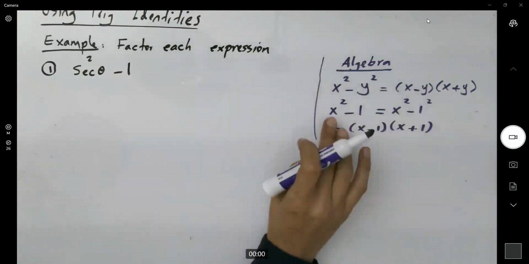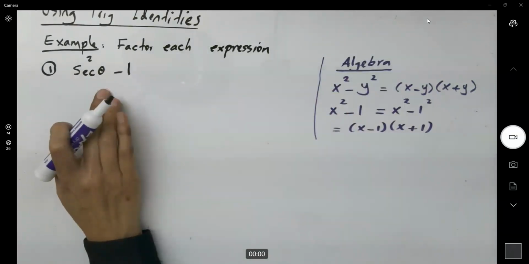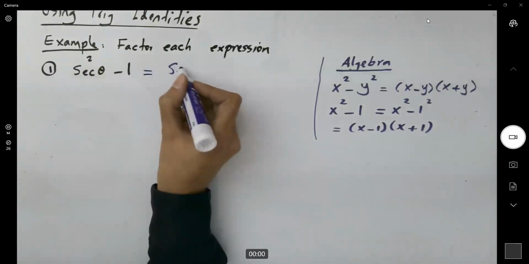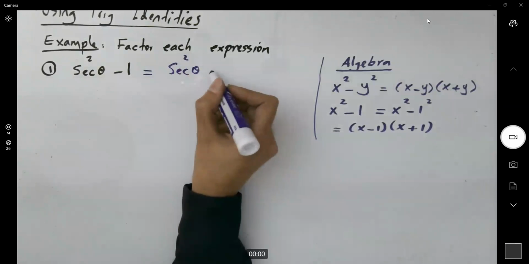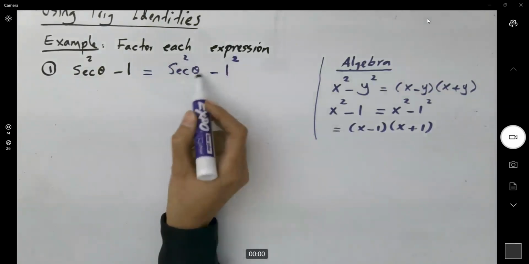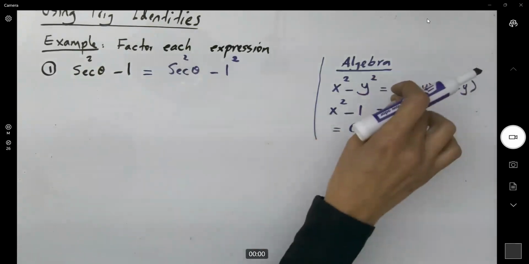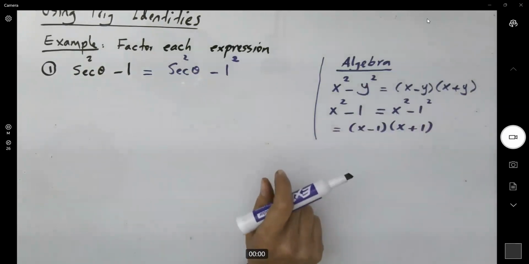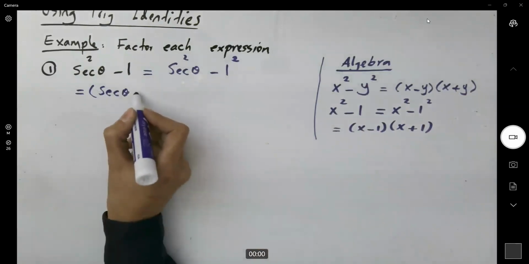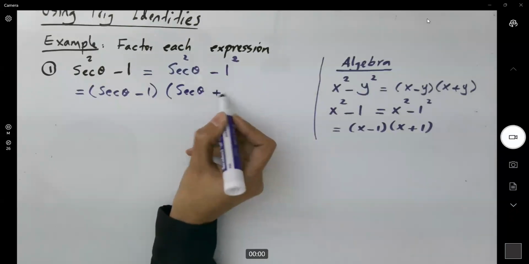So compare x squared minus 1 with secant squared of theta minus 1. We can write this as secant of theta squared minus 1 to the second power. In a sense, this is my x and this is my y, and I can follow what I had before from algebra. This can be written as secant of theta minus 1 times secant of theta plus 1.